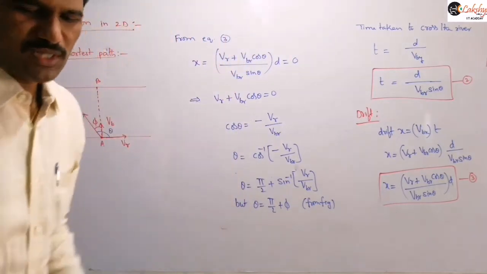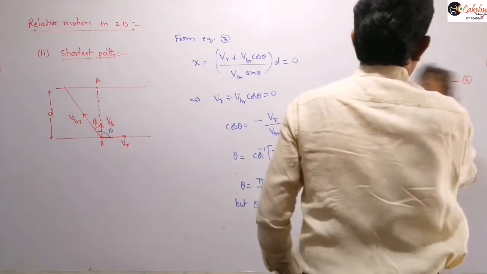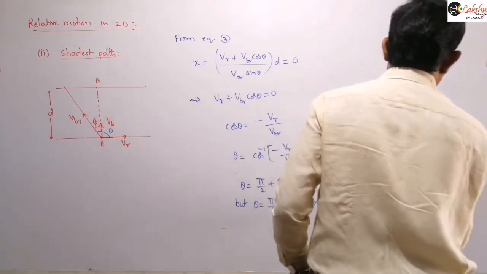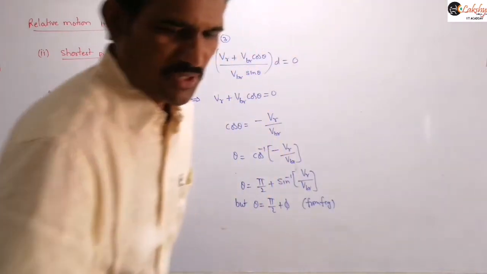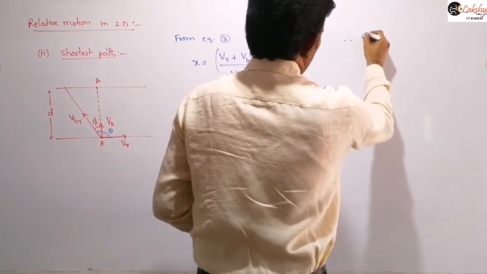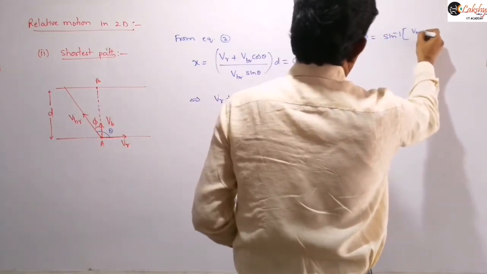So we can mention that relation, and therefore from this we can write phi is equal to sine inverse of VR by VBR.